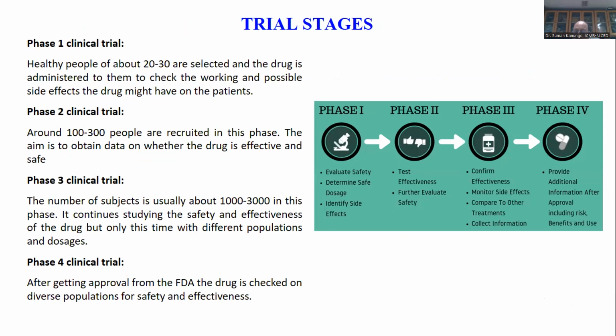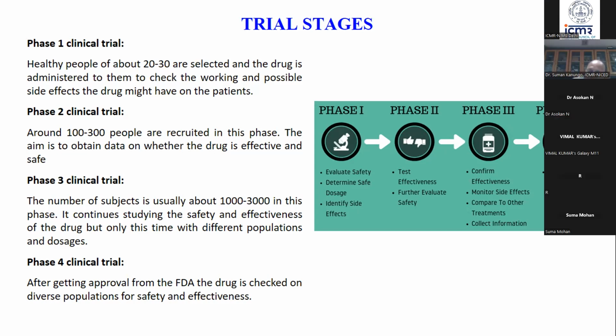In ethics, the Belmont report, which is followed by the International Conference on Harmonization, says do not harm. We cannot harm any subject or any participant, whether or not my intervention is better. So in phase 1, phase 2, phase 3, phase 4, safety is very important.